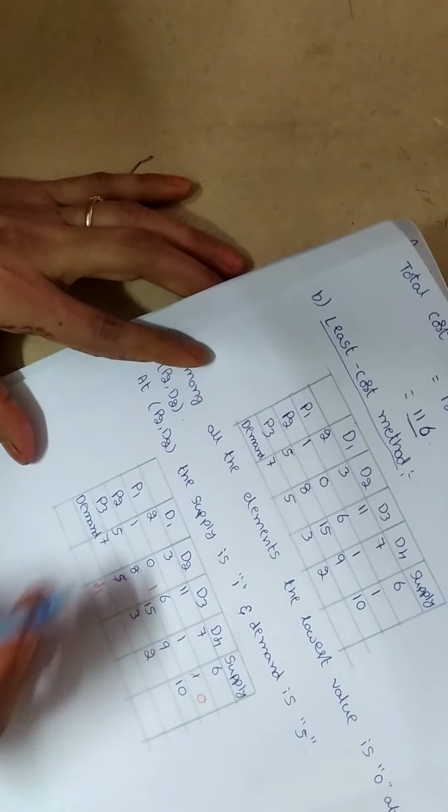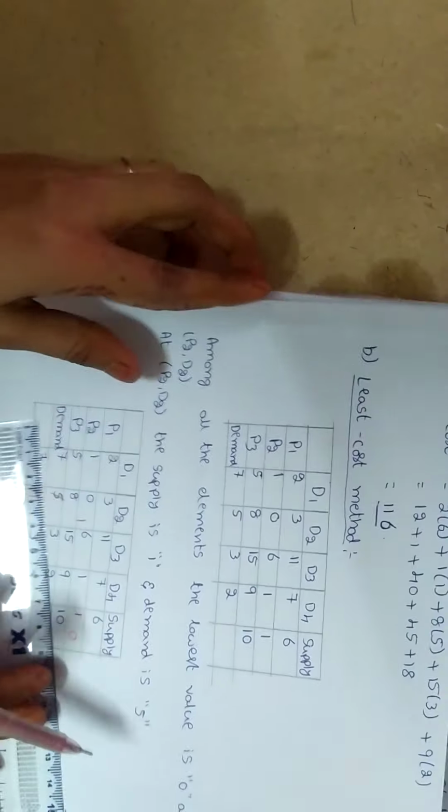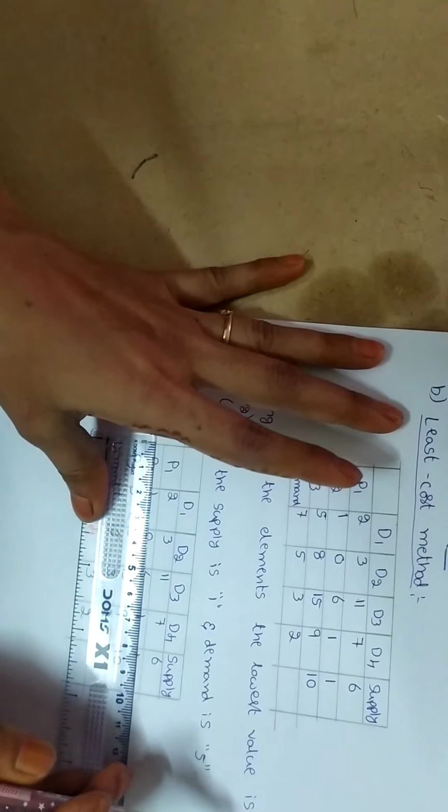So the new demand will become 7, 4, 3, 2. As this is the least cost method, the entire row or column where the supply has become 0, we will strike out.